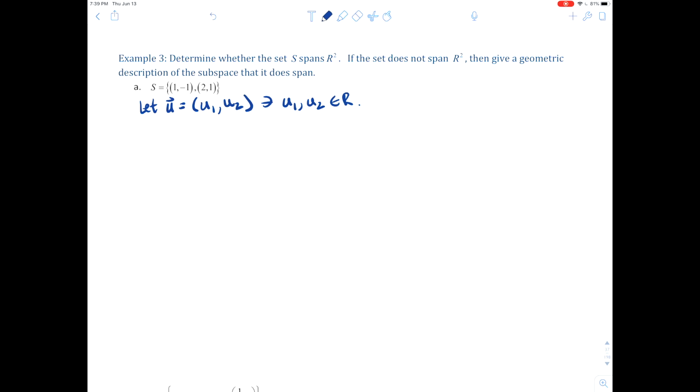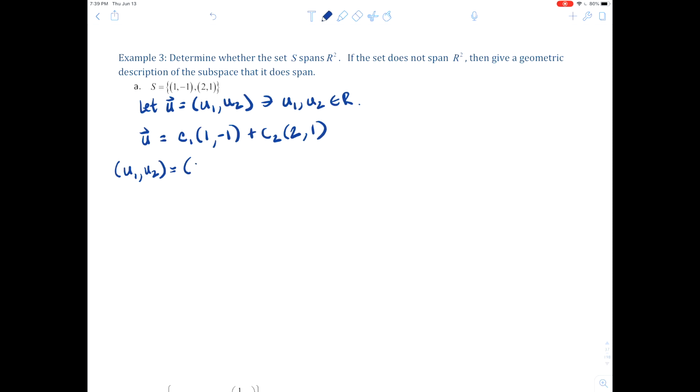You've got two vectors in the set S, right? So we want to say U equals C1 times the first vector, which was 1, -1, plus C2 times the second one, which is 2, 1. And U was U1, U2.